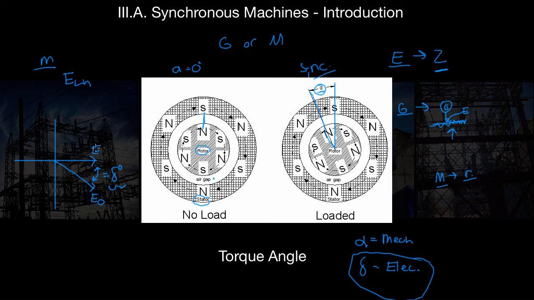And that only works when we set E equal to an angle of 0 as reference, right? That would be no difference if it looks something like this. So if E was up here, say it was, I don't know, 25, 30, 60, something like that. If E was up here and E0 was here, well, our torque angle would still be the difference of these two angles.